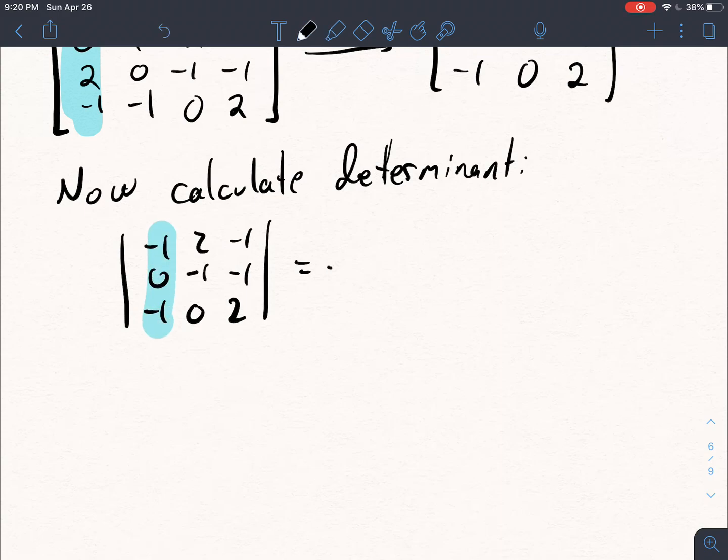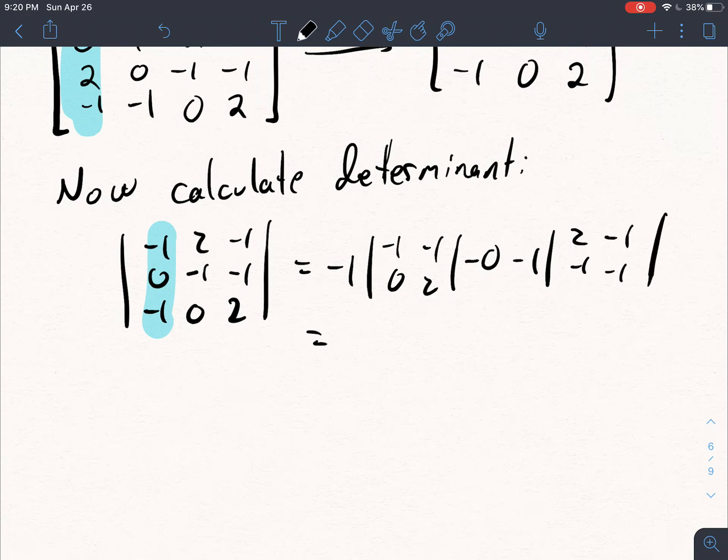And so I'll do cofactor expansion along the first column so I can get some zeros. So I'll get -1 times -1, 0, 2, minus 0 times stuff, and then plus -1 times stuff.